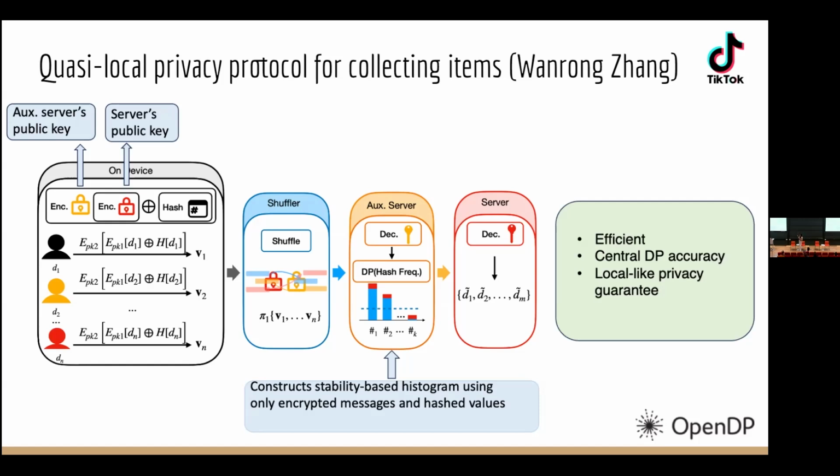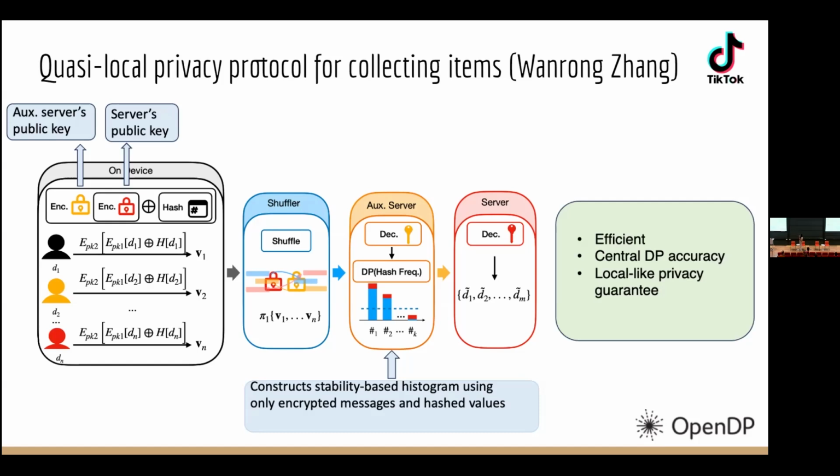This auxiliary server will only receive the encrypted message and also the hashed value. The message is encrypted with the server's public key, so the auxiliary server will never recover the original message. Also, the hash is irreversible, so that is guaranteed. The key of this is the hash value. The count of the hash value remains the same, so that's why we can do this histogram.